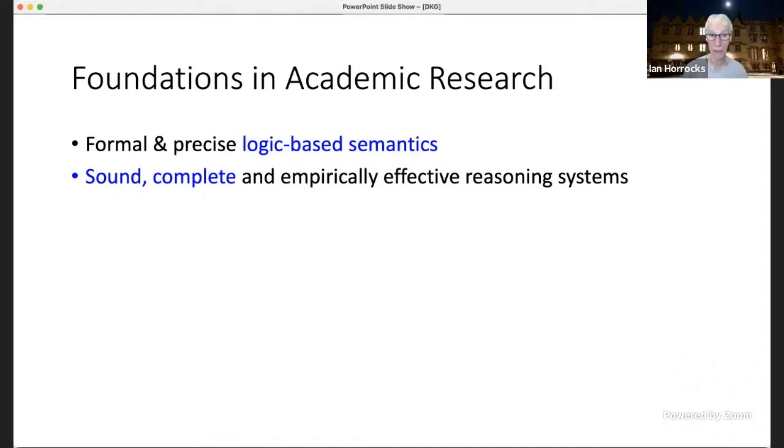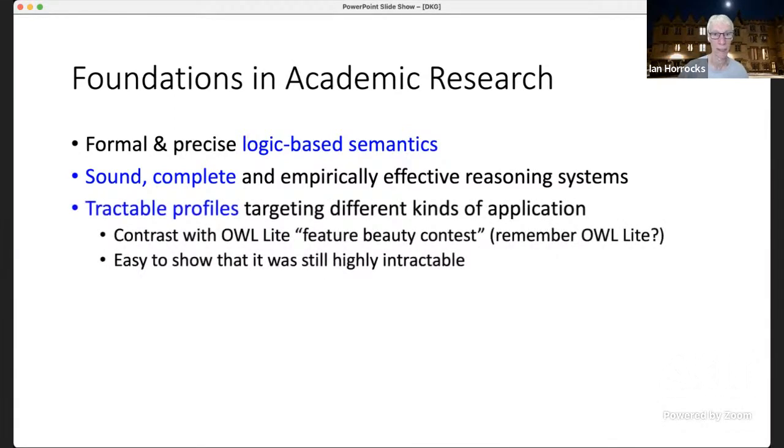So as I already mentioned, it had this formal and precise logic-based semantics, and this meant that we already had formally proven algorithms that could be the basis for sound and complete and empirically effective reasoning systems, notwithstanding the very high worst case complexity of the language.